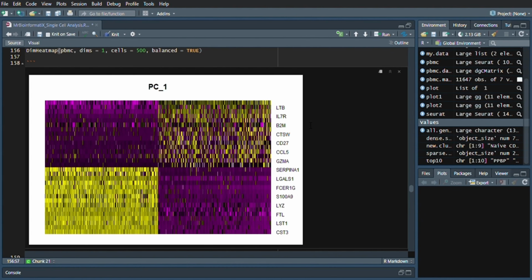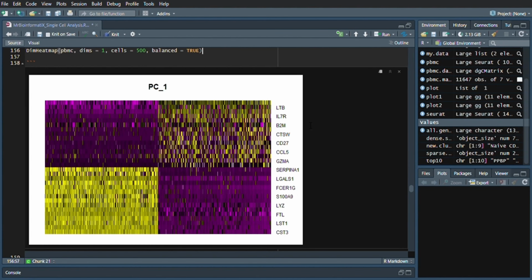The genes are ordered by how much they contribute to the variation in PC1, which helps in identifying which genes play a significant role in separating different cell populations. In particular, DimHeatmap allows for easy exploration of the primary sources of heterogeneity in our data, and can be useful when trying to decide which PCs to include for further downstream analysis.